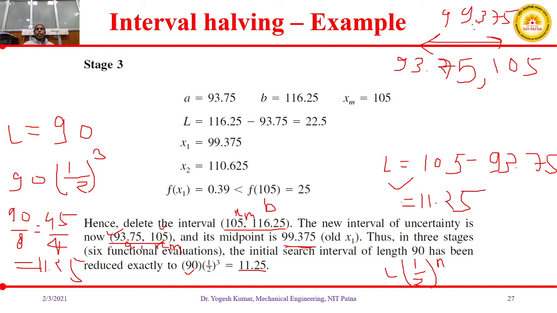Again you can set this value equal to A, this value equal to B, and this is XM, and you can go to the next stage and calculate the values of X1 and X2. In that way you can continue to the desired accuracy, to which extent you want to get the solution.